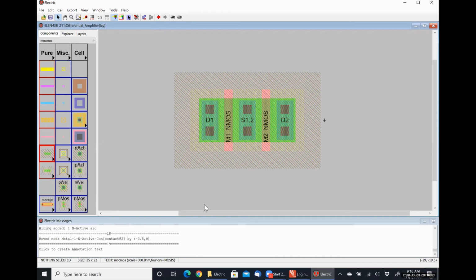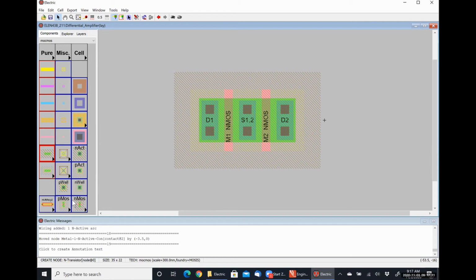In our circuit simulation where everything was working pretty well, our body connection was tied explicitly to our source. Let me show you guys just real quick.